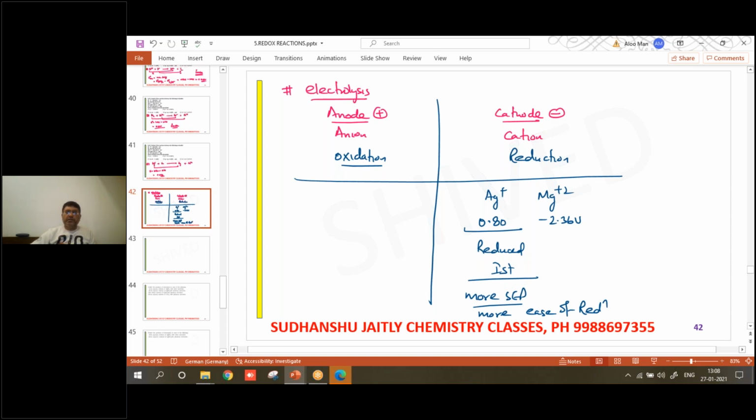Understand? Now anode पे the chloride and OH negative पहुंच गए. That will be oxidized, which has lesser SCP. This has the more tendency to be oxidized. So this will be oxidized first.